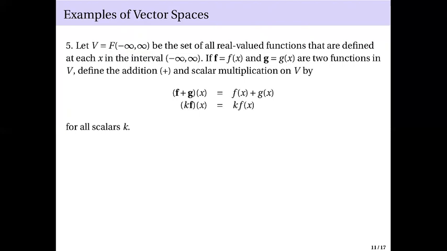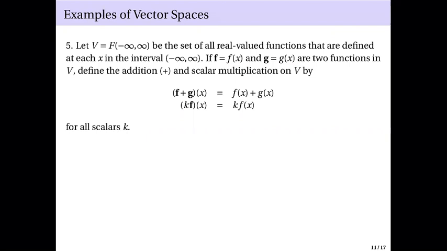Let's get two objects in V. They are just functions. The object in V will be represented by boldface f, and here you have boldface g, but they are just the functions f of x and g of x respectively.